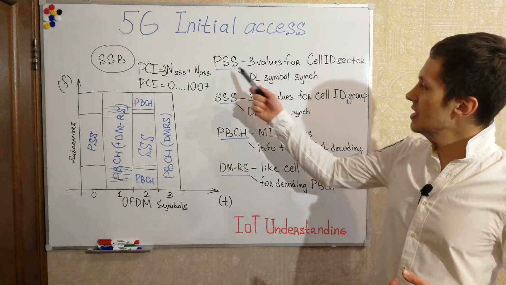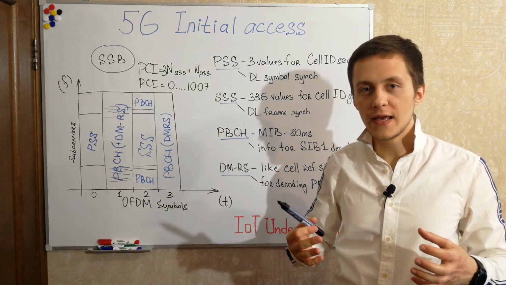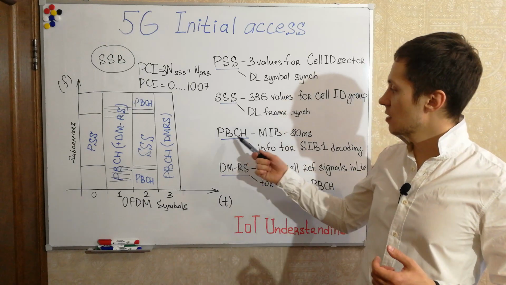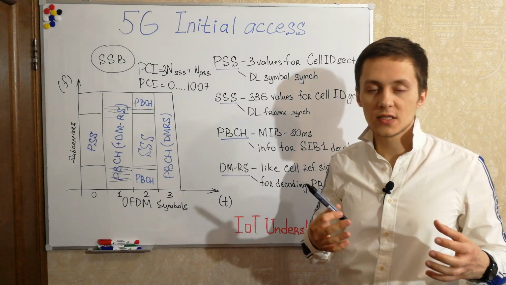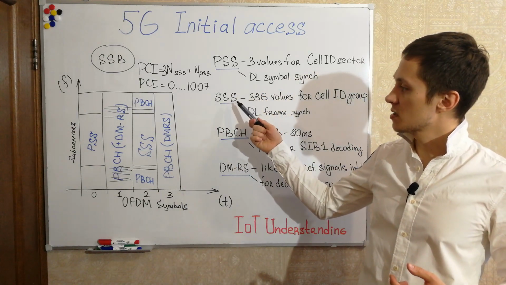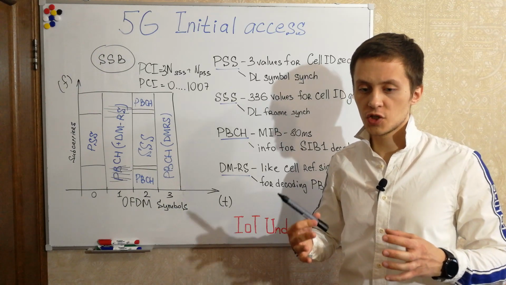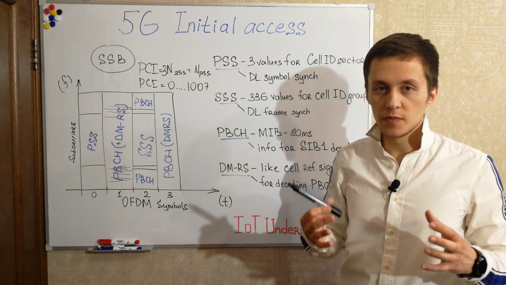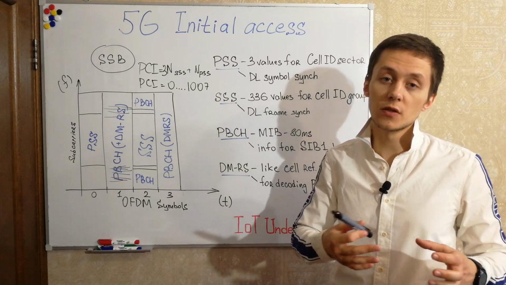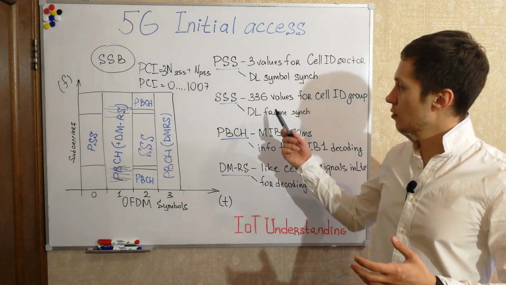And actually PSS and SSS are modulated by BPSK modulation, and the physical broadcast channel has QPSK modulation. PSS and SSS should be more robust, should have a stronger signal and a stronger signal to noise ratio in order to perform downlink synchronization.